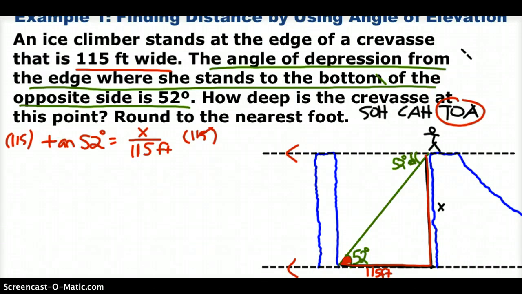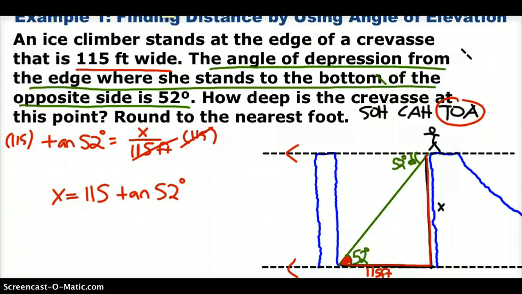The 115s cancel, and x is equal to 115 multiplied by the tangent of 52 degrees. This will give us the height of this crevice, how deep this crevice, or crevasse, actually is.